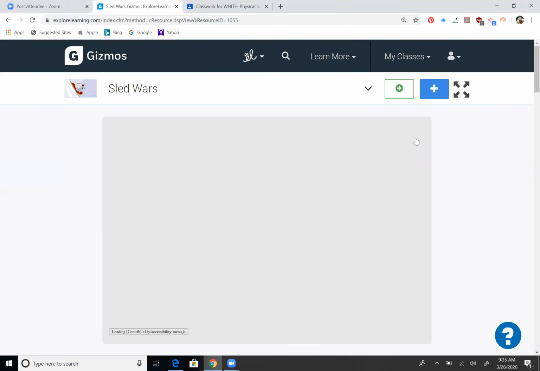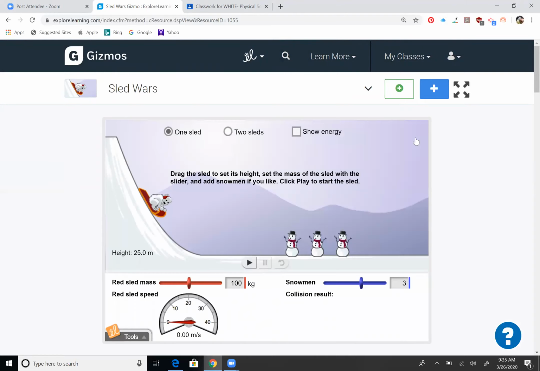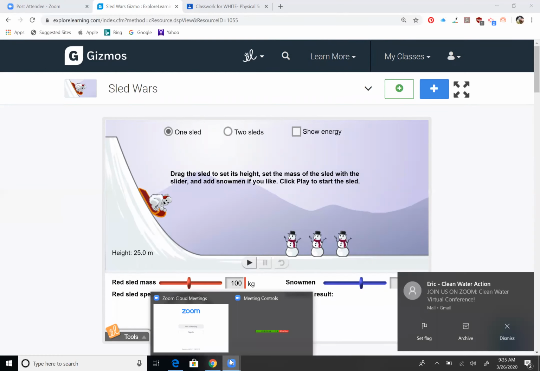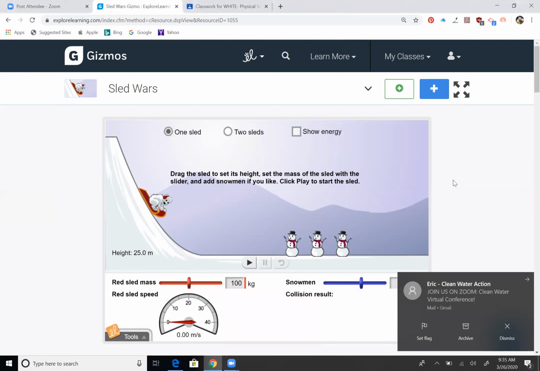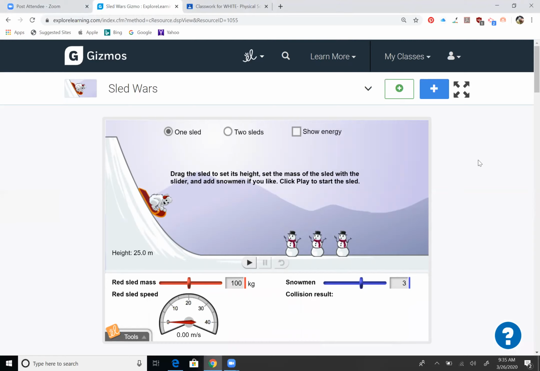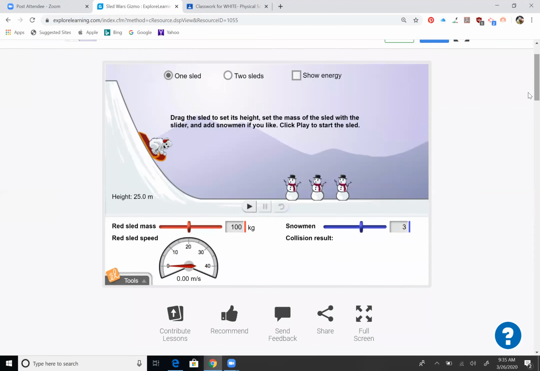Let me just log in again to Gizmos. All right, so we are on activity B. We're going to reset the sled, scroll that up.